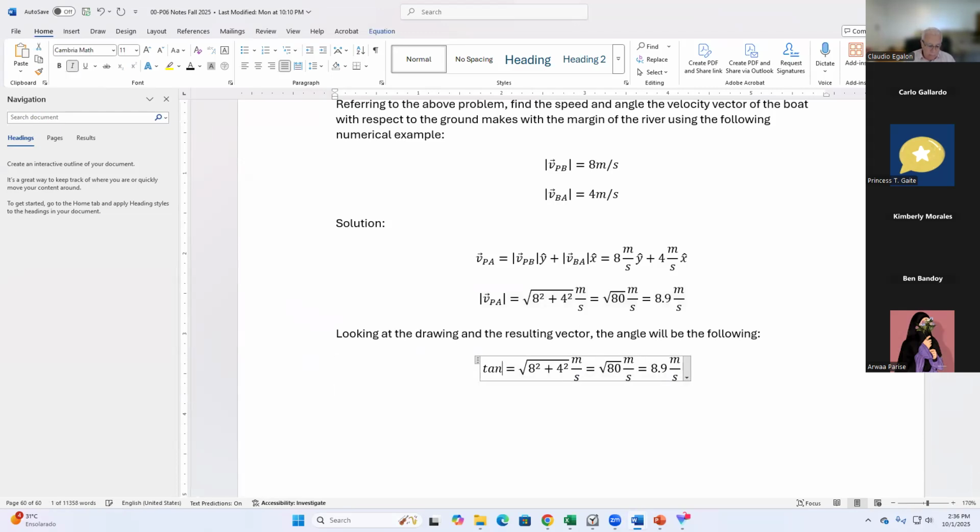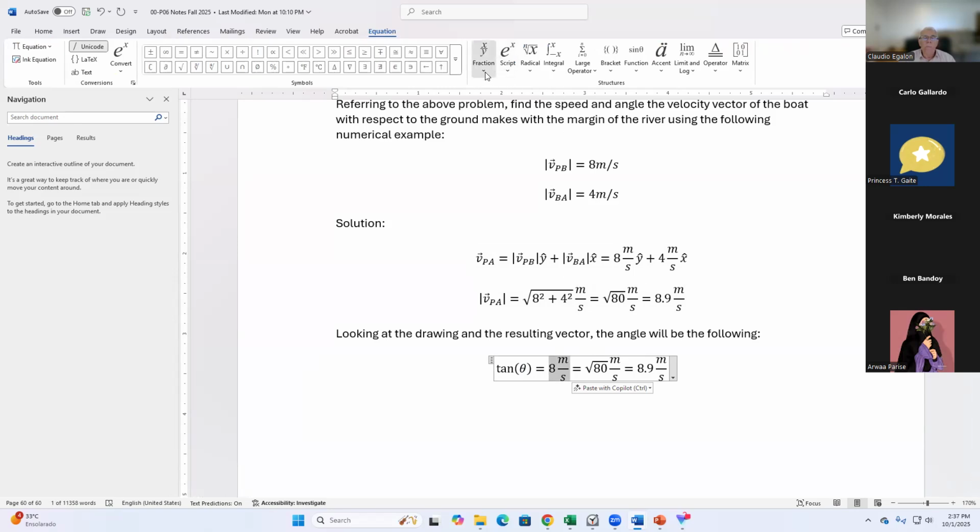Tangent of theta is going to be 8 meters per second divided by 4 meters per second.